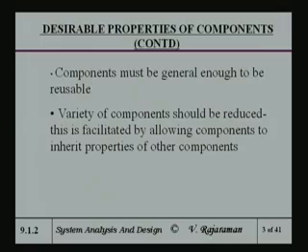A component should be general enough to be reusable. In other words, no contractor will be able to survive unless he has a method of cooking several menus. If he can give only one menu, one customer may not like it. There are several customers, and each may have specific requirements.